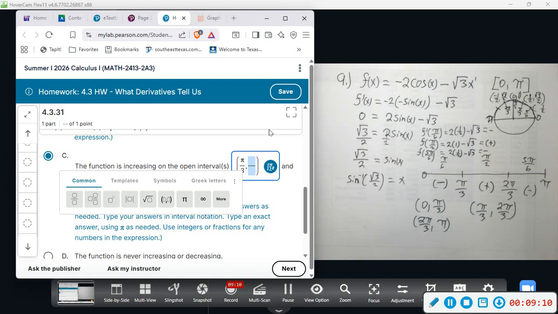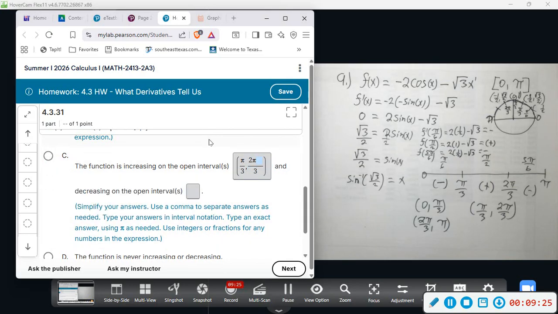So we want 2 pi divided by 3. Why is there an extra space here? There we go. All right, so we got our increasing interval.